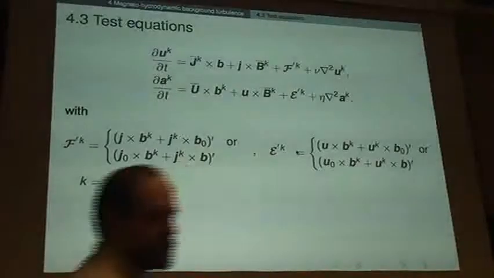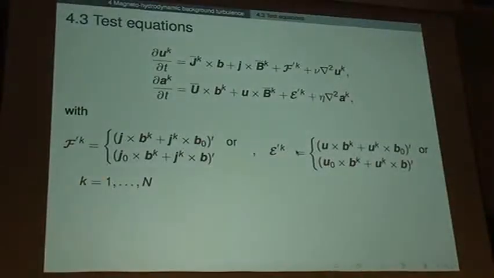And this immediately defines a test field method, which is written here. Again, K indicates the number of the test field. And with respect to the preceding slide, I haven't done anything else than replacing the mean fields by the mean field with the index K, and the solutions by a solution with the index K, which now refers to test cases.